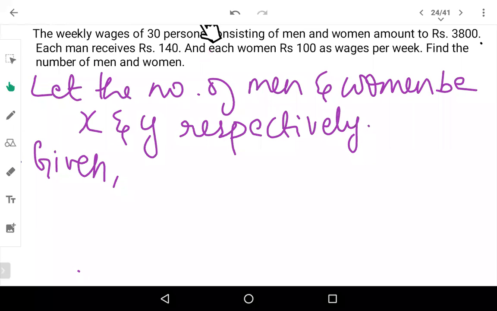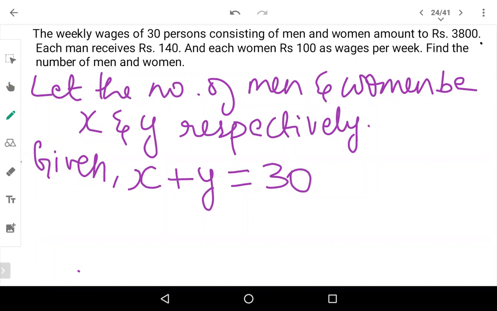What is the total number of people or persons? 30. So our first equation is going to be x plus y is equal to 30. We are going to find the number of men and women, and then we are adding them, and we know they are supposed to be 30. So that is the first equation.